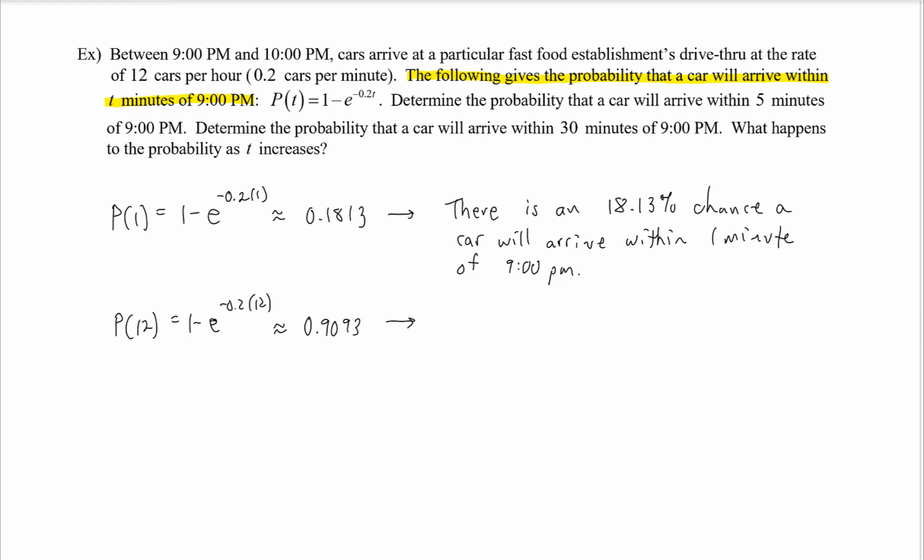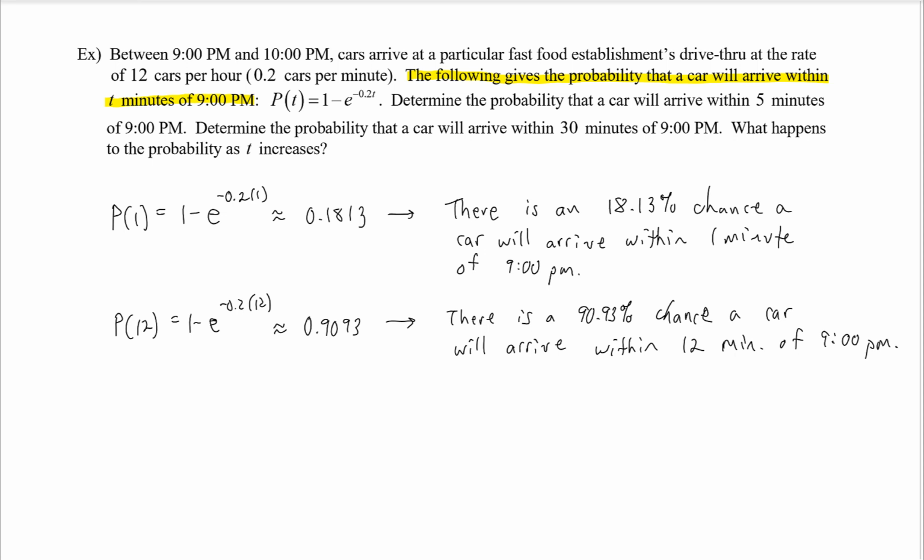So again, that's telling me that there is a 90.93% chance a car will arrive within 12 minutes of 9 p.m. So basically, pretty good chance you're going to get a car sometime between 9 and 9:12 in the evening.